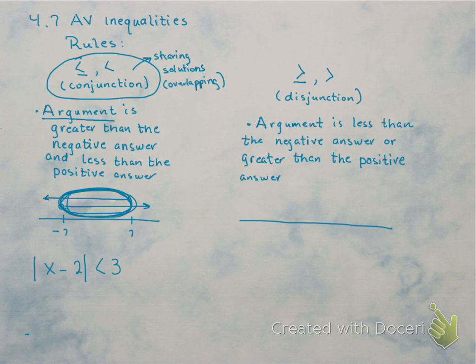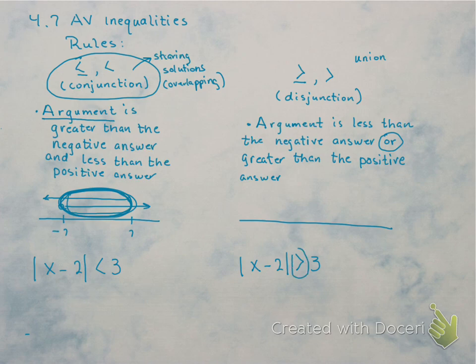For a disjunction, remember, you've got the union of everything on the number line, everything together on the number line, joined with the word or. Okay, so when you're looking at a disjunction absolute value inequality, you've got a greater than symbol.